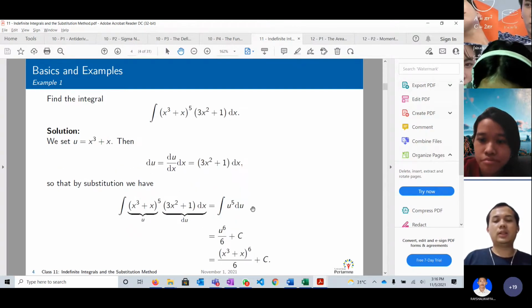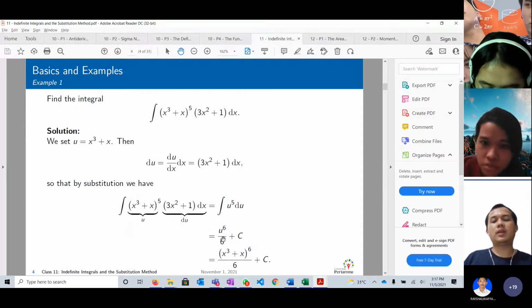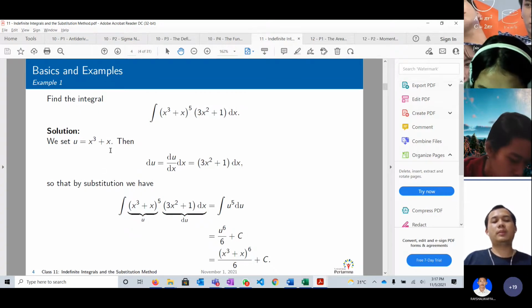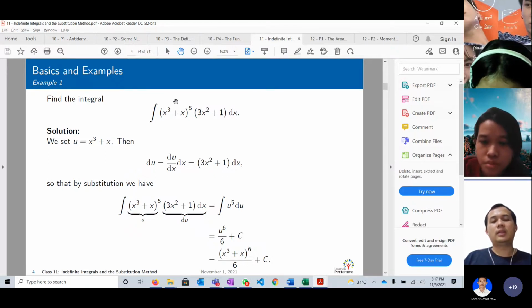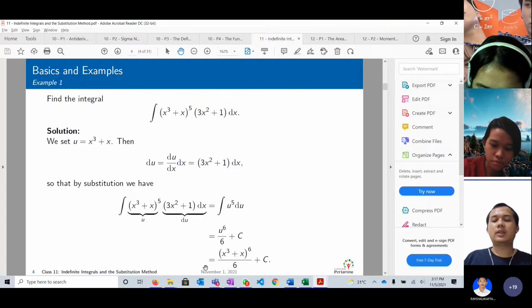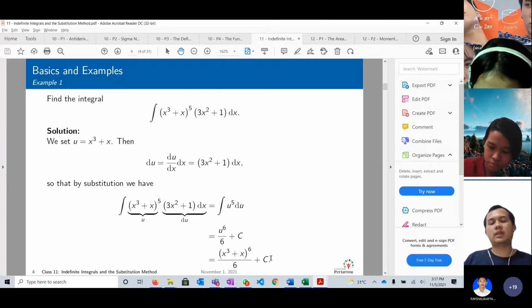Then we just integrate it and get u power 6 over 6 plus c. Then we substitute back u equals x power 3 plus x to get the final result. So the integral of (x power 3 plus x) power 5 multiplied by (3x squared plus 1) dx is actually (x power 3 plus x) power 6 divided by 6 plus some constant. For this example, is it clear?